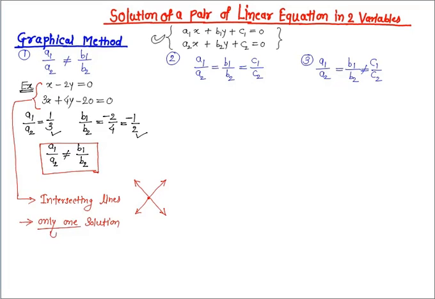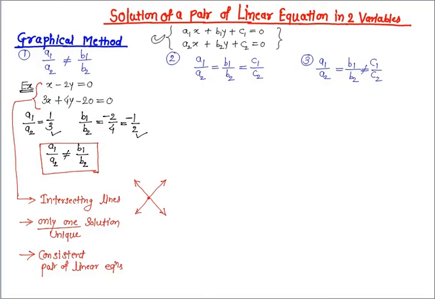That means unique solution. And we know a pair of linear equations which has a solution is called a consistent pair of linear equations. In this case, it will be consistent pair of linear equations. That is all about first condition.